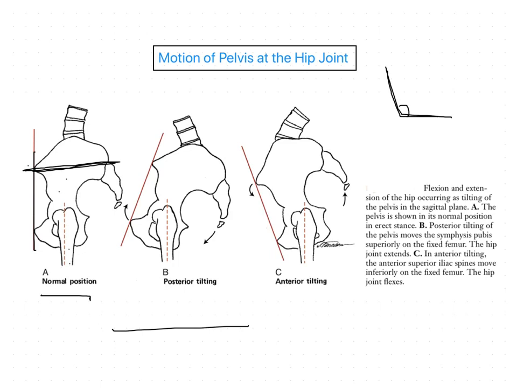This is the normal position. So what happens during posterior tilting and anterior tilting of the pelvis? What is the orientation here?